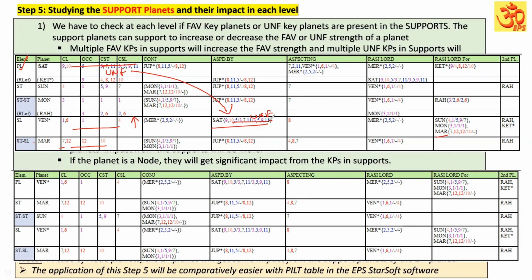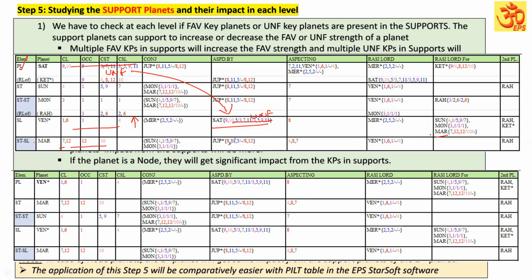But the favorable strength is much stronger because of Saturn's ruler link. Here Mars also forms a ruler link, because Venus is having Mars in support, and Mars is also the star lord of Venus. So unfavorable strength is increased and favorable strength is also increased by the ruler link.